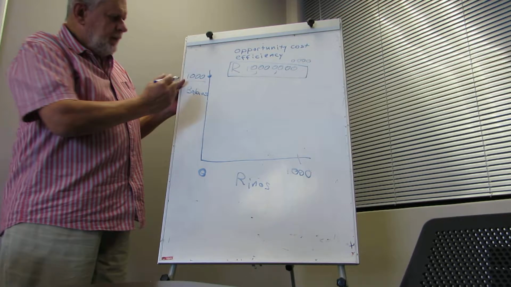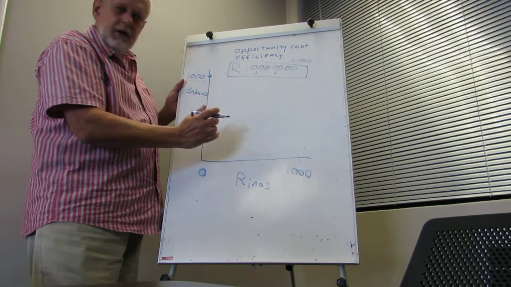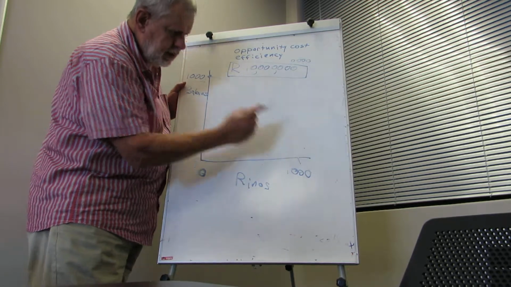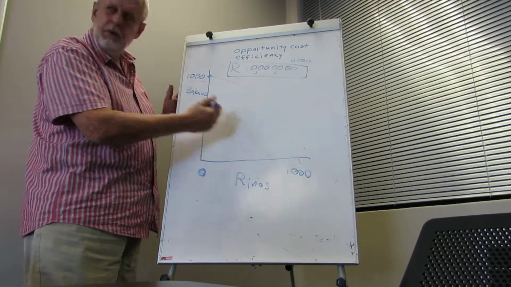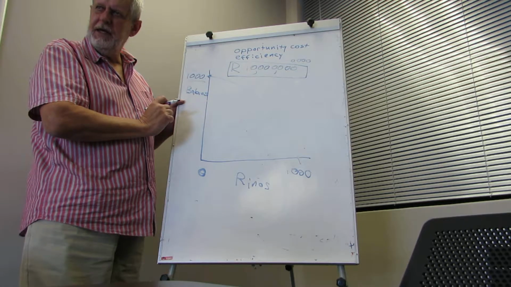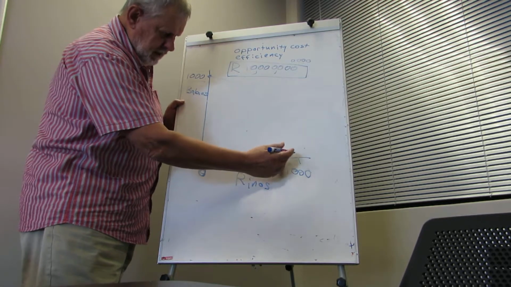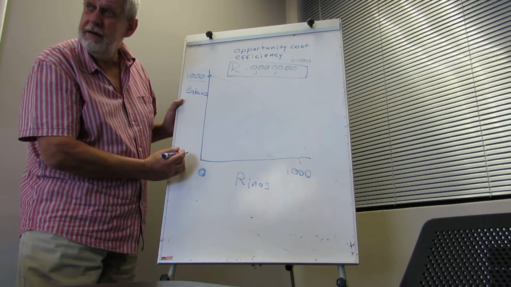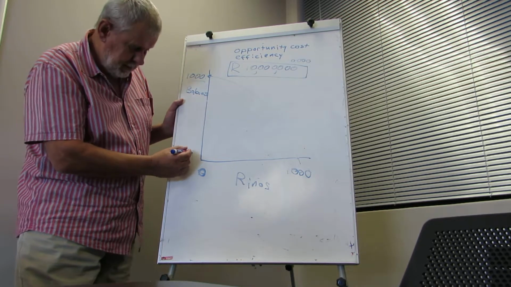Okay. So, as we allocate resources towards rhinos, we will lose babies. Okay, so if we save 1,000 rhinos, how many babies will live? No. 0.